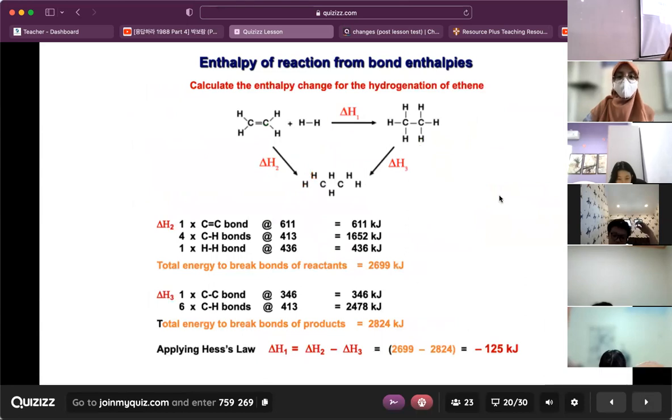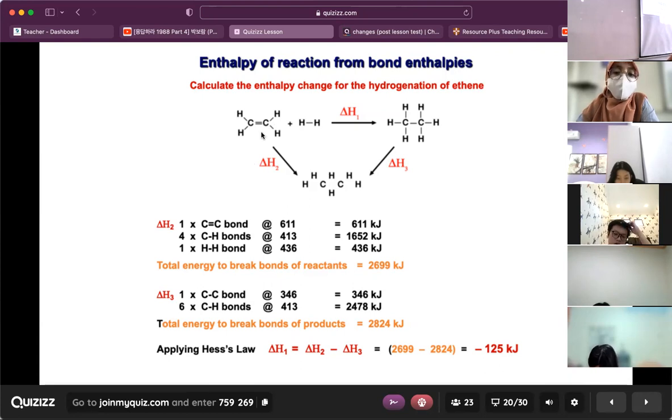So for this one, when you have a compound, you have to draw every bond in the compound. For example, here you have 18. You have a C=C double bond here, and you have to draw it so that you can select which bond energy you need to use.